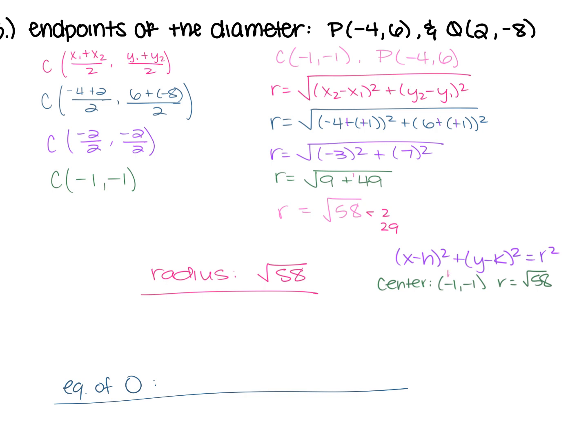So your h is negative 1, your k is negative 1. That gives you x minus negative 1 squared plus y minus negative 1 squared is equal to the square root of 58 squared. Simplify the double negatives, turn them into positives. That's x plus 1 squared plus y plus 1 squared is equal to 58.